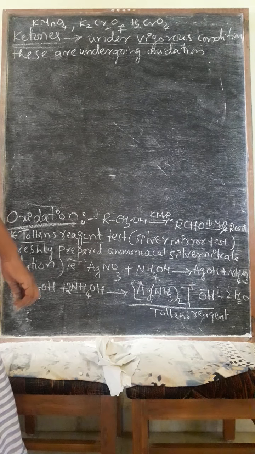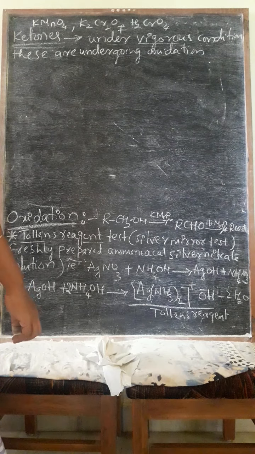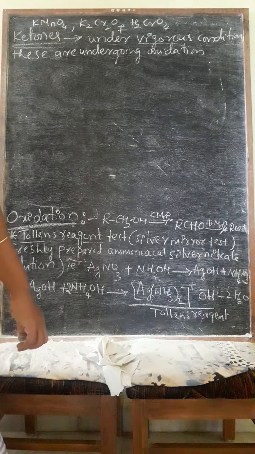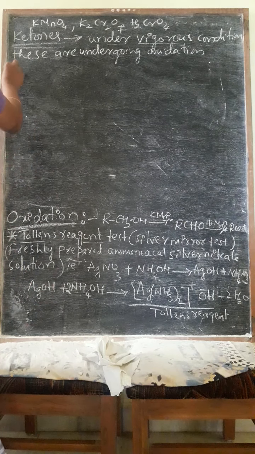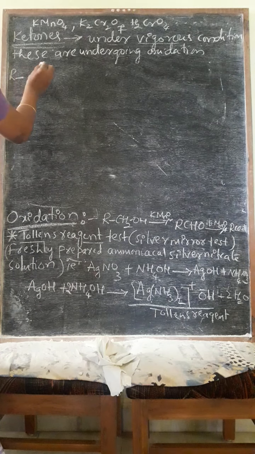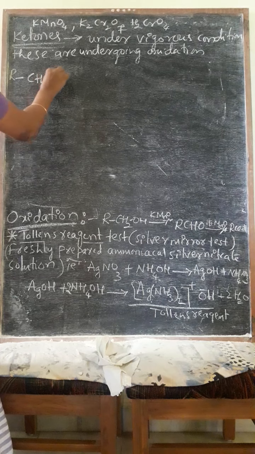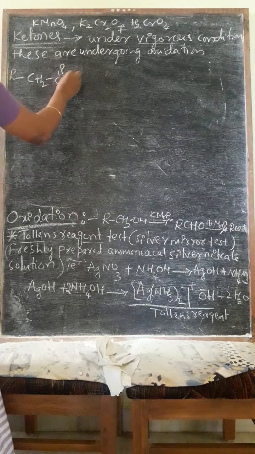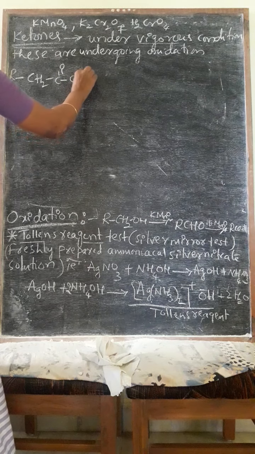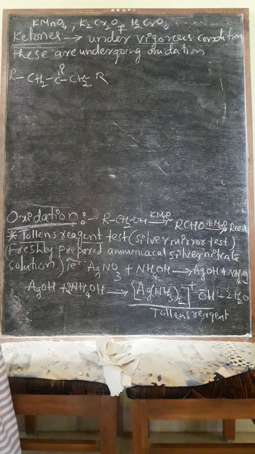Okay, so I will take an example. That example is a ketone like R-CH2-C double bond O-CH2-R.